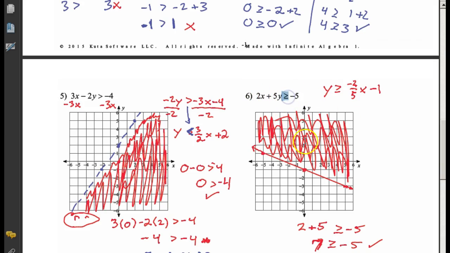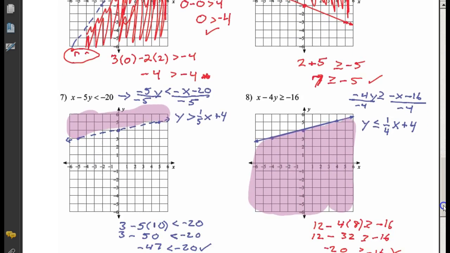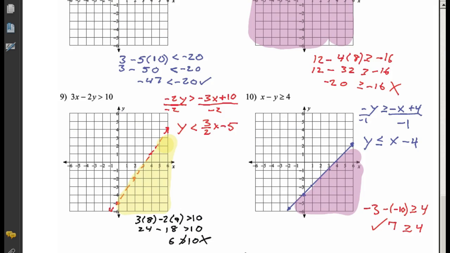It should be a solid line and shaded up. And here's number 7 and 8. Make sure you got those graphs right there. Okay, check the last few.